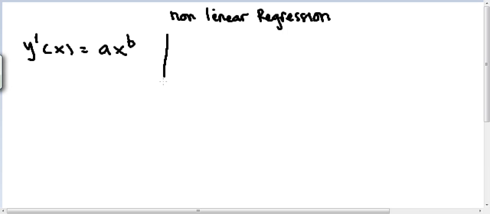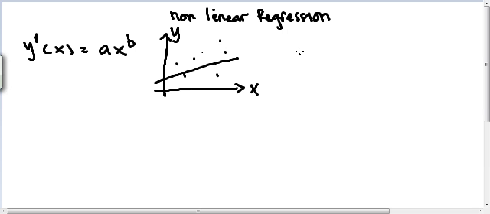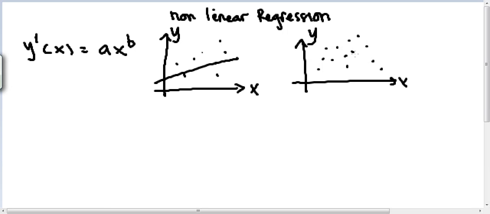And what is the difference between linear and nonlinear regression? Suppose I have this as linear regression, then the function will be linear, and if I have another data set, I can approximate it using a nonlinear function, so maybe it will be something like this.